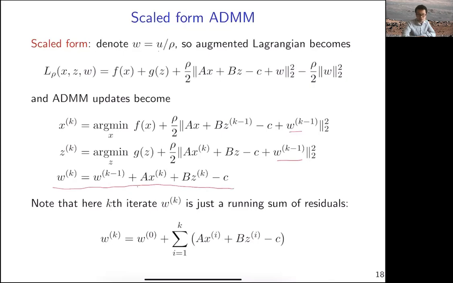There really isn't too much computational benefit that comes out of the scaled form, except for this interpretation that the current iterate of this scaled dual variable w is simply the cumulative sum of all the residuals on the satisfiability of the linear equality constraints that you have experienced so far.